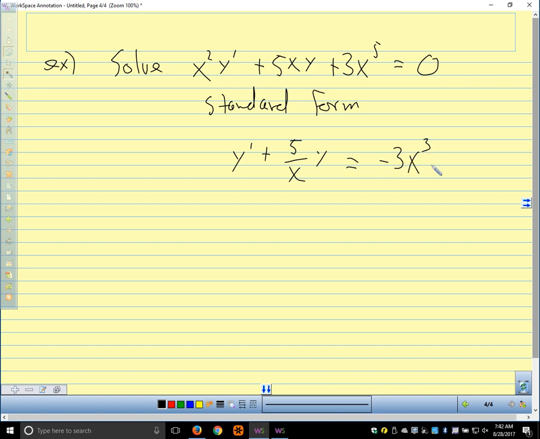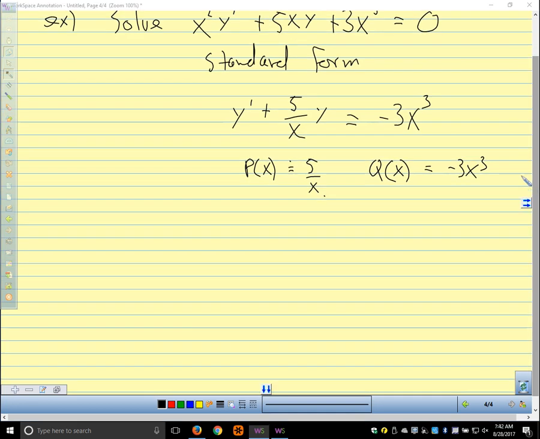There we have standard form. So my p of x, the coefficient on y, is 5 over x. My q of x is minus 3x to the third. And my integrating factor, u of x, is going to be e to the integral of 5 over x dx.